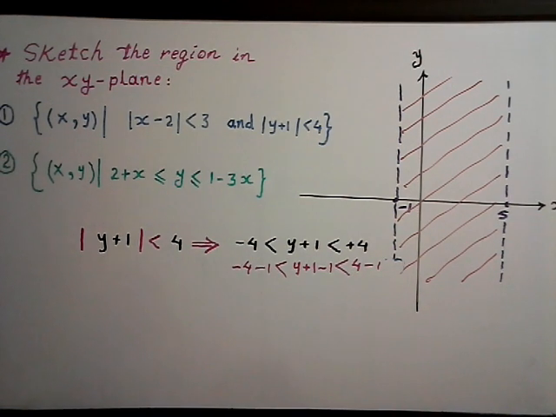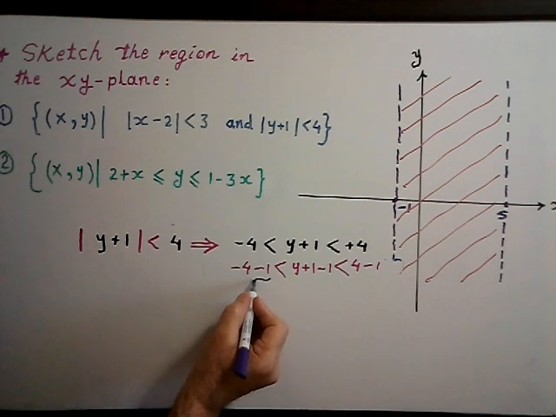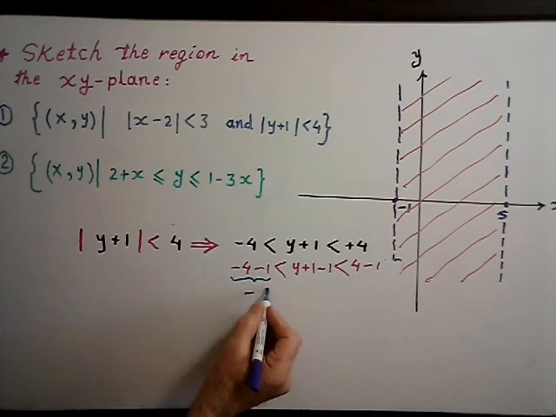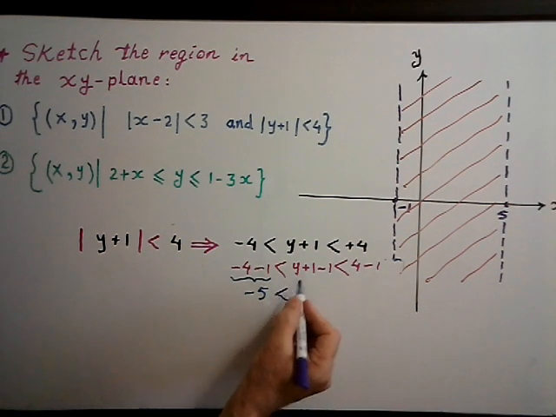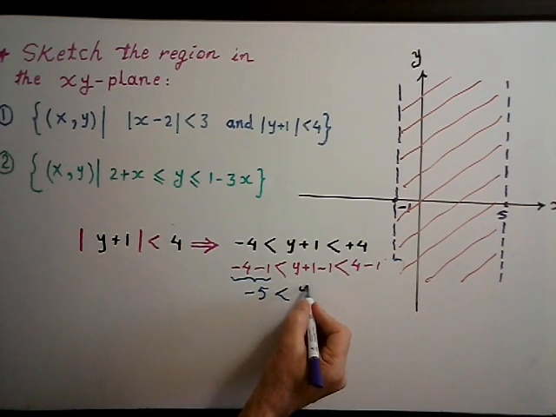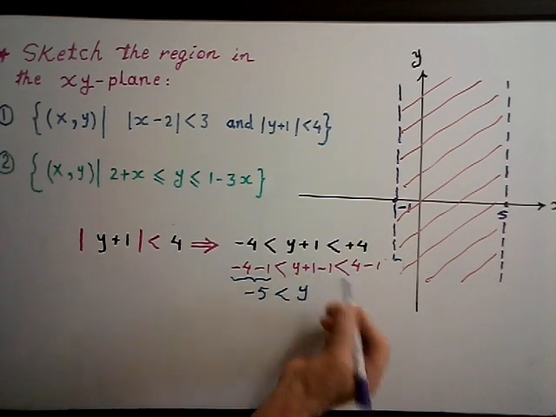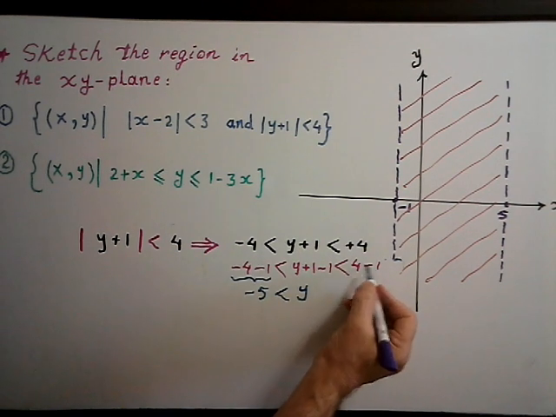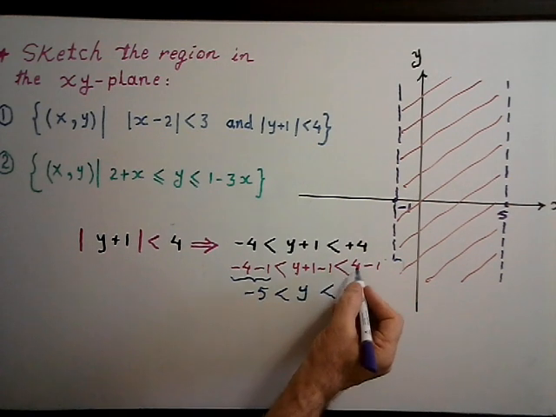So the result for this step is -5 is less than, here is just y because +1 and -1 will cancel, because the value is 0, is less than 3.